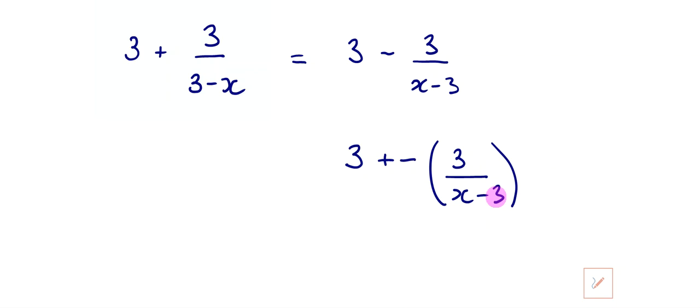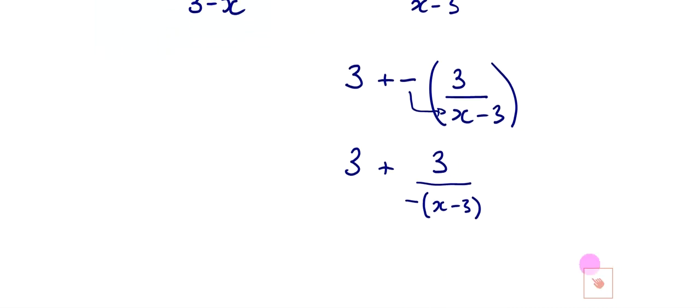Does that make sense? So I don't want a negative on the 3, I do want the negative down here, right? So if I take this negative, instead of applying it here, I apply it to the numerator, what does it become? It becomes 3 plus 3 over negative x minus 3, which is then 3 plus 3 over negative times negative 3 is positive 3 and minus x.